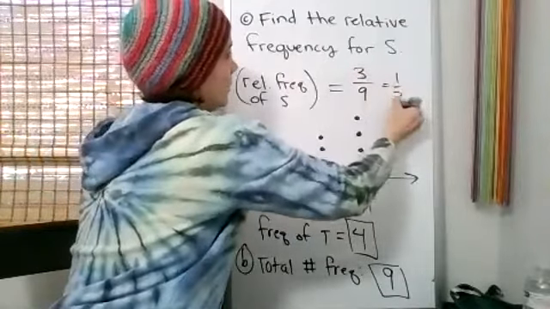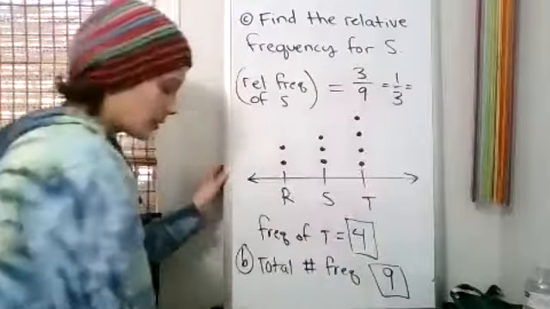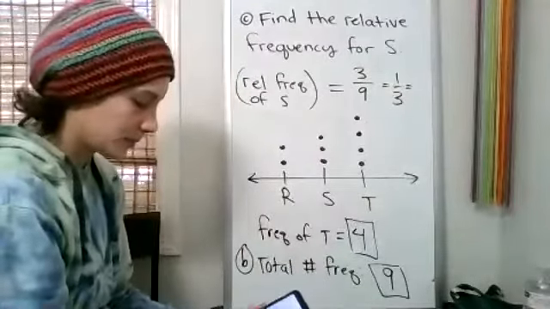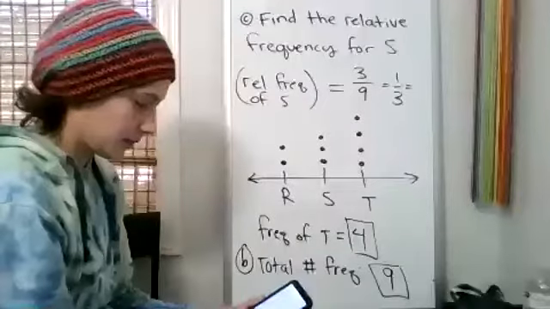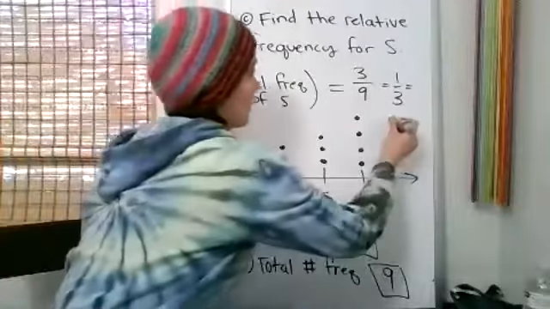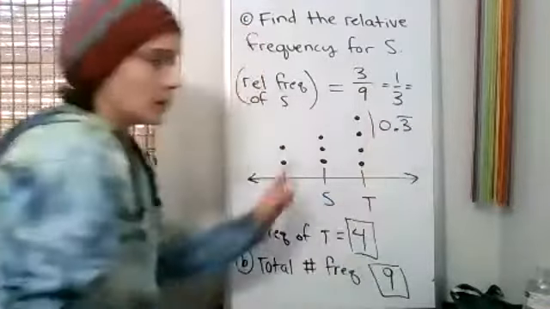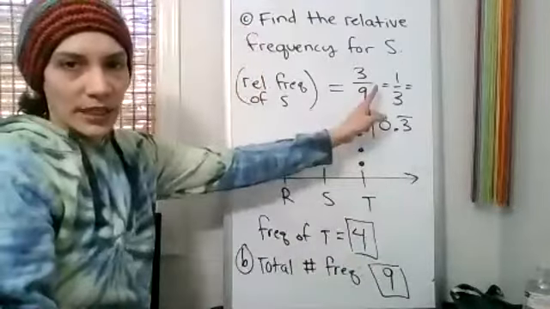So 1/3 would be like 0.3 repeating. I'm just going to check. So this would be more difficult to type. I would put this as your answer.